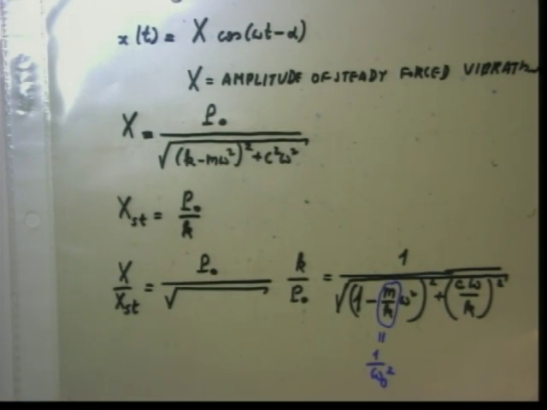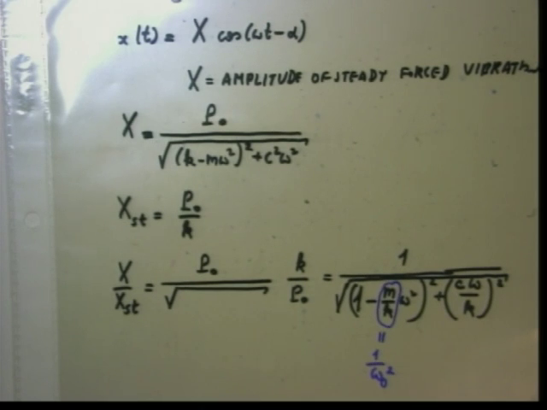So now I can also put it like this. I can calculate the static displacement. My load is P sub 0 cosine omega t.